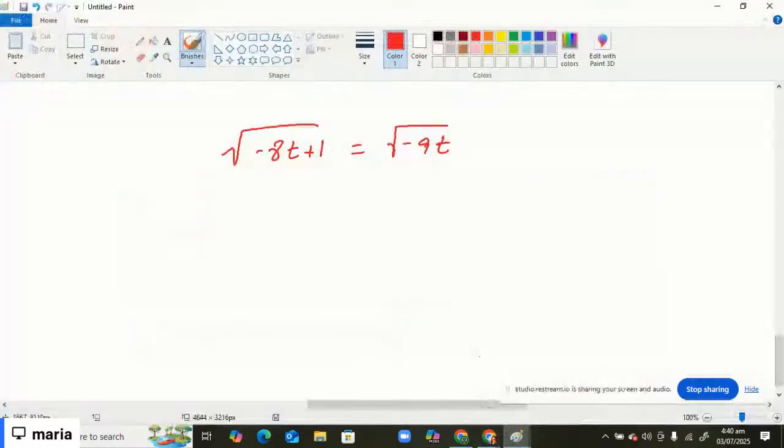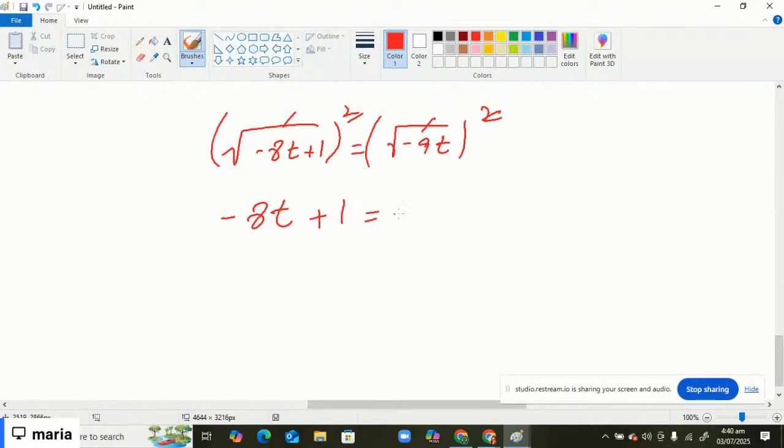Okay. Now, how can we solve it? Taking square on both sides. This just cancels out. Minus 8t plus 1 is equals to minus 9t.